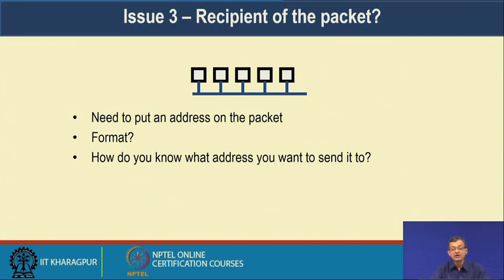How do you know which address you want to send to? I have a logical addressing, and I know the logical address, but I need to know which physical address to send to. That is another challenge. So, the data link layer needs to resolve these things.